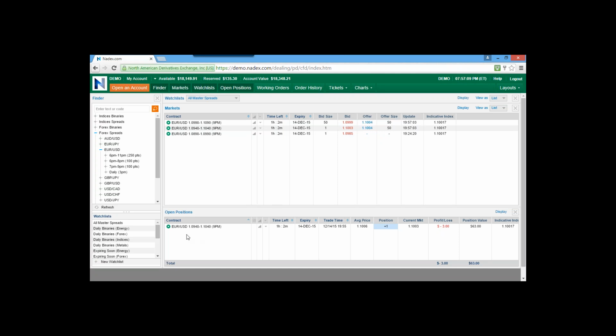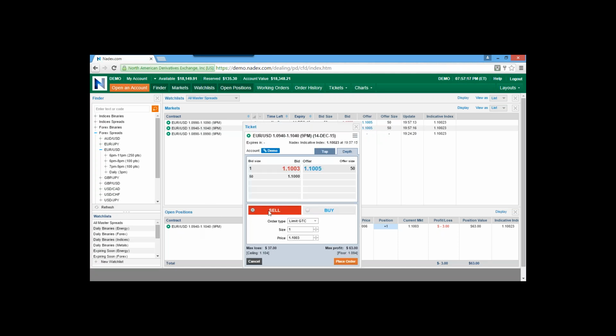So remember I showed you that if you bought and you want to sell out, or if you sell and you want to buy out, you click it. It's already marked sell, and the current price is already filled in here. So what do I do? I change it. 1026. Place order.